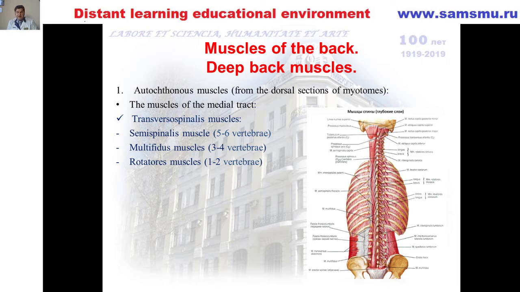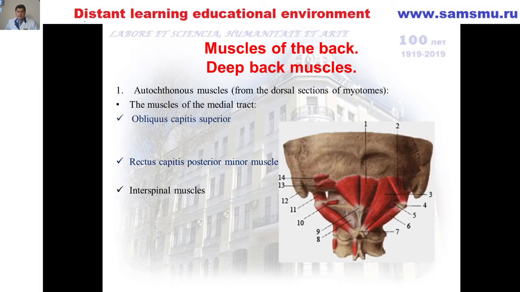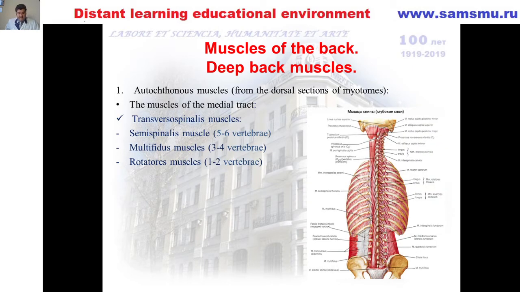They are well developed only in the most mobile parts of the spine, cervical and lumbar, and are absent in the thoracic region. Their remnant between the sacrum and coccyx is represented by the sacrococcygeus posterior muscle.